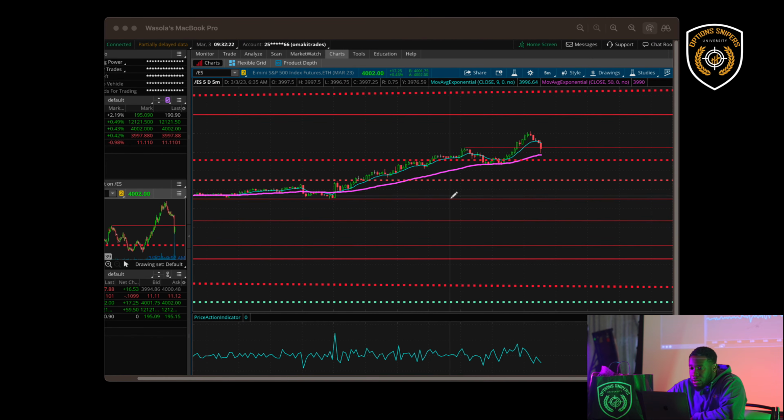Let's see what happens here. We have about 2.5 more minutes until we get our next 5 minute candle. As of right now, it's still downside pressure, but we are holding the 50 on the 5 minute chart, so we are still bullish.